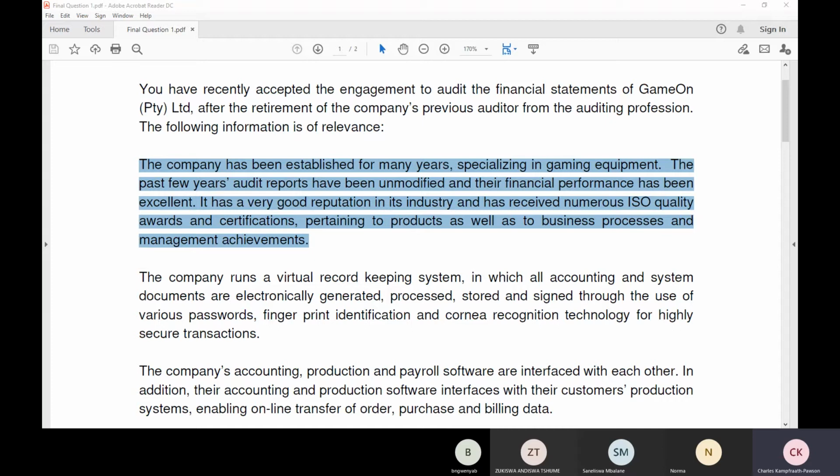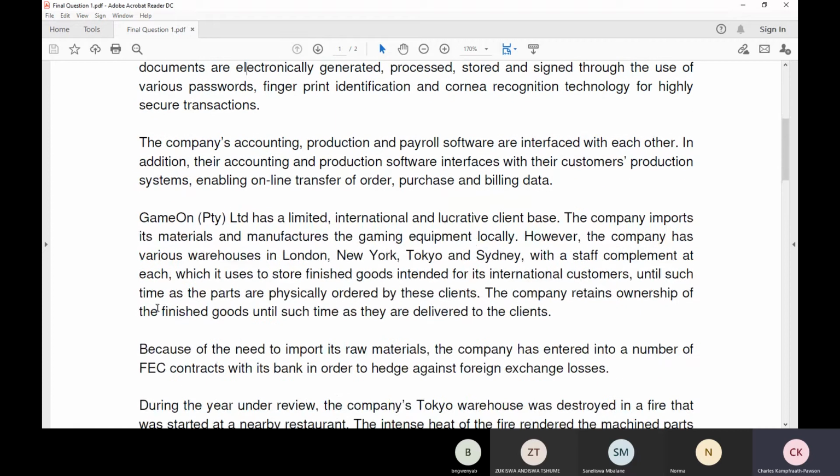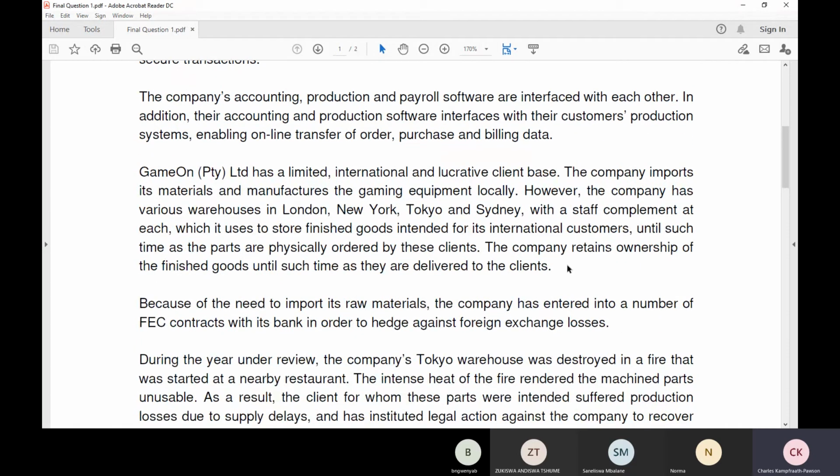Okay. So what I'm saying is we shouldn't just look for things that's in favor of us taking the client. We should also consider the not so good stuff. It doesn't say it's a bad client, but it can have complications and we need to list that. So we need to consider this litigation process where this company is being sued. So there's a few things here. We have a plant that burned down.